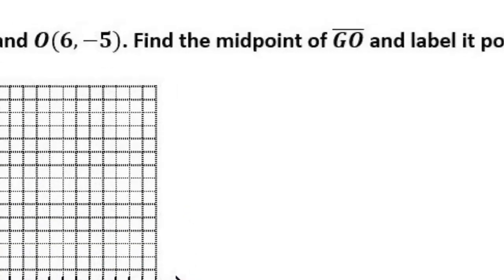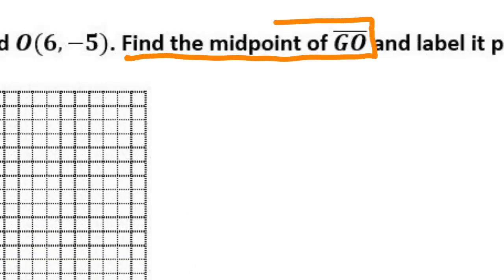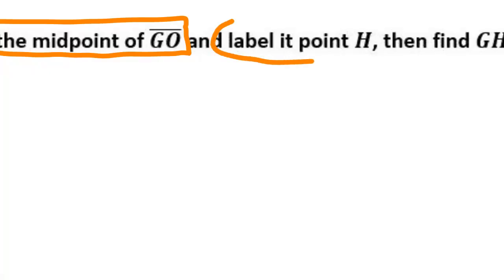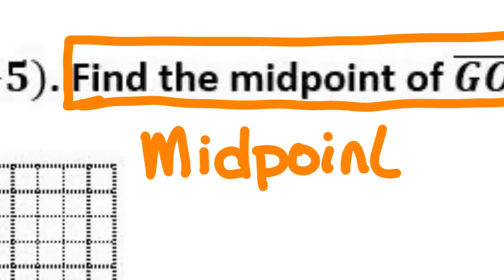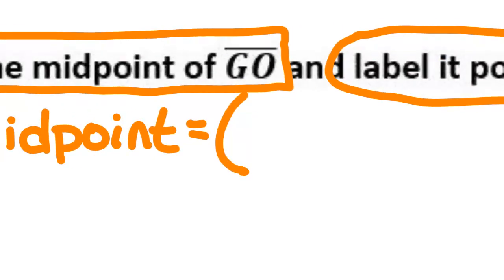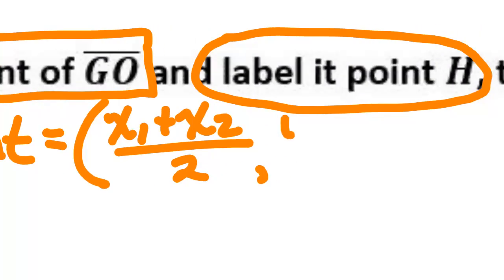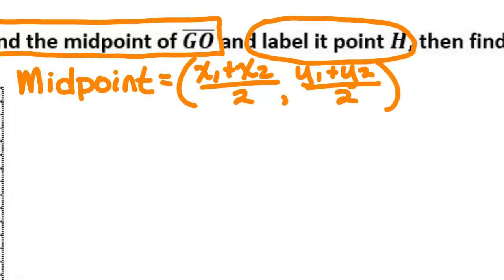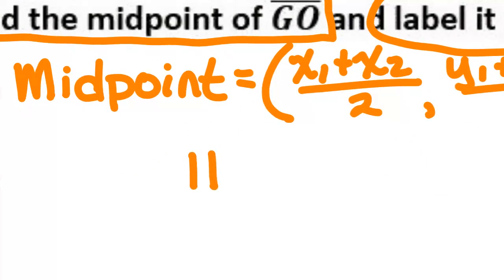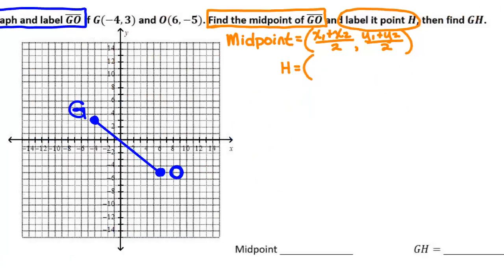And then it says find the midpoint of segment GO and label it point H. So we have our midpoint formula. Midpoint is equal to parentheses x1 plus x2 over 2, comma, y1 plus y2 over 2, close parentheses. We're going to be calling our midpoint H, so I'm going to have H equals, and then parentheses.